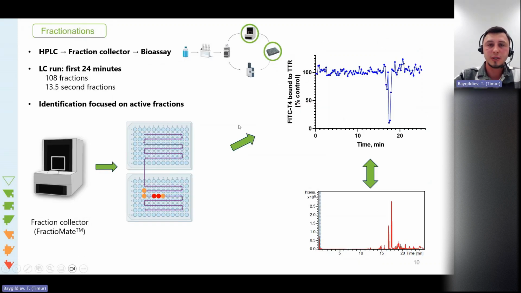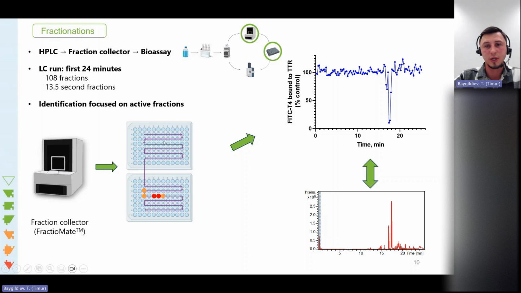Then the next part of the scheme is fractionation, which was performed with the Fractionate device that was developed here at the VU. Using Fractionate, the effluent from the column can be spotted into the bioassay plates.